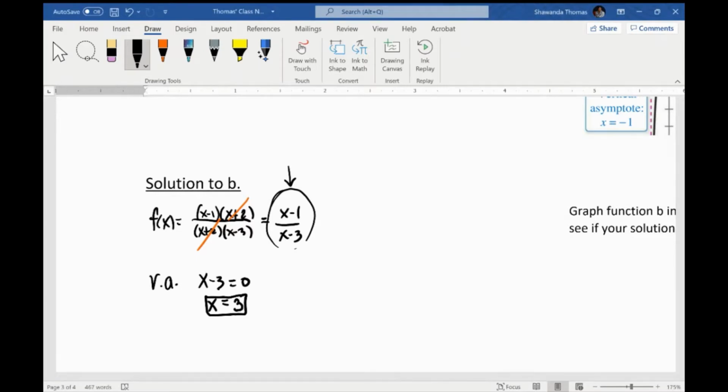When I see things that I feel like is gonna be a problem for you all, I'm gonna try to address it before you get to it. So there's a homework problem in section 2.6 where it doesn't say f of x, it says f of t. So for the vertical asymptote, are you gonna say x equals, or should you say t equals if it's f of t? T equals.